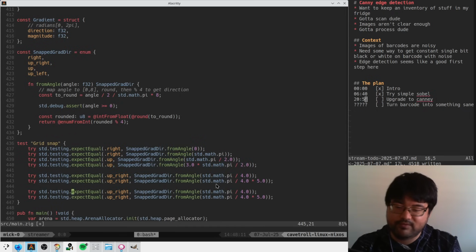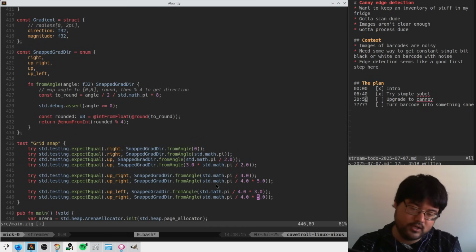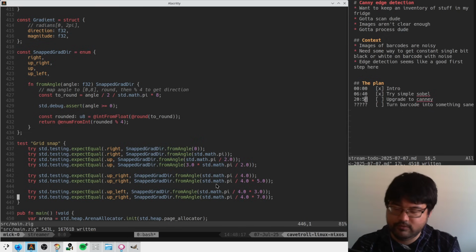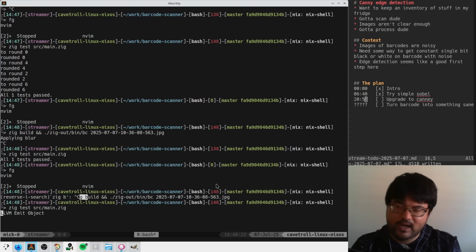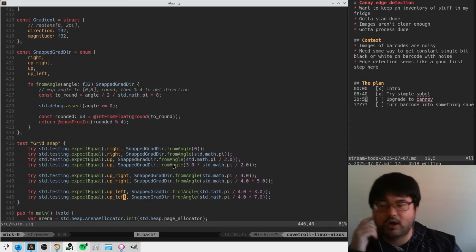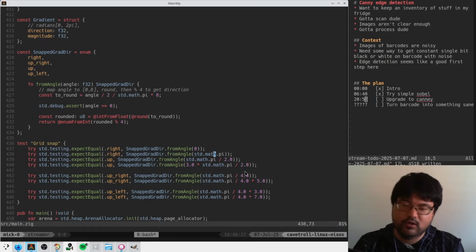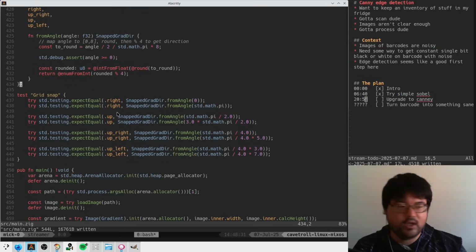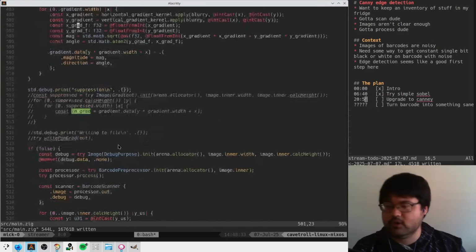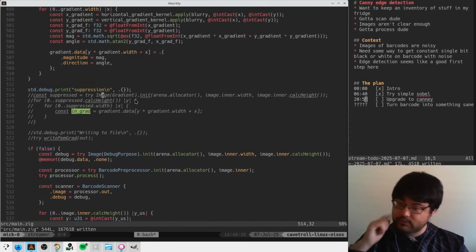And then up left is times 3 and times 7, probably. Okay. So now, I mean, we could test some ranges as well, but I'm not really too concerned. I think it's fine. This will work.